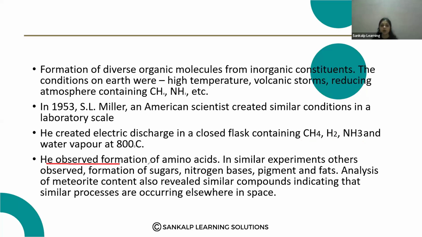He observed the formation of amino acids. Others observed the formation of sugars, nitrogen bases, pigments and fats. The analysis of meteorite content also revealed similar compounds, indicating that similar processes are occurring elsewhere in space, meaning the same happened on the earth. So it is experimentally proved by Stanley Miller.